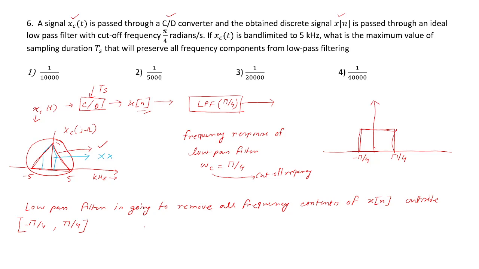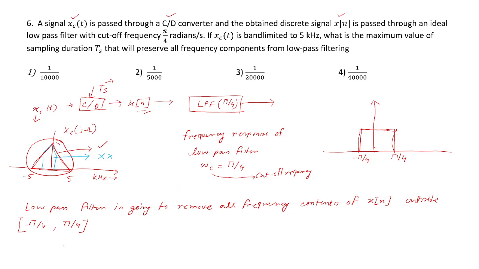So this is another way of saying you have to sample at such a rate Ts such that the spectrum of x[n] is going to limit itself by pi by 4. What I mean by that, I am coming to that point.